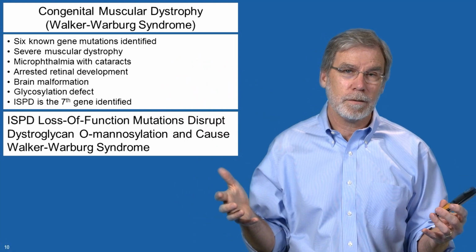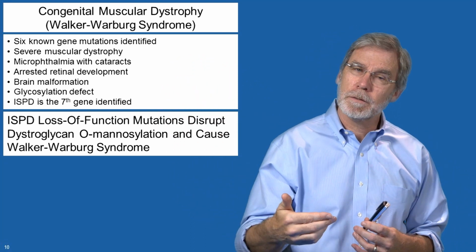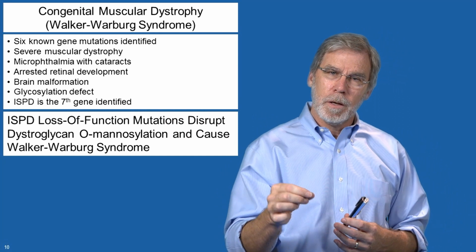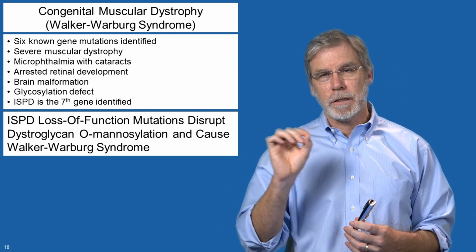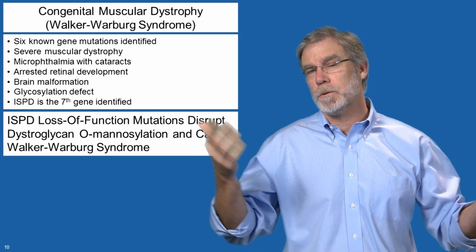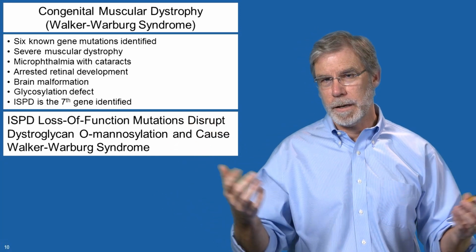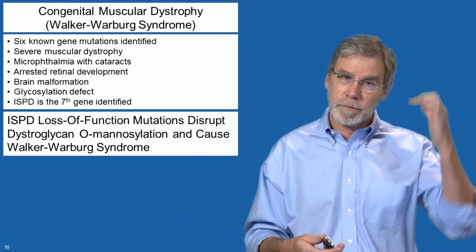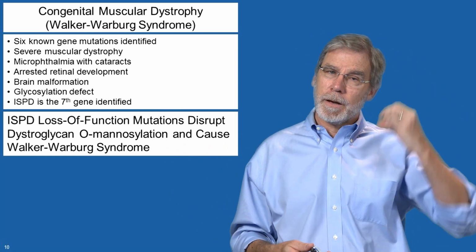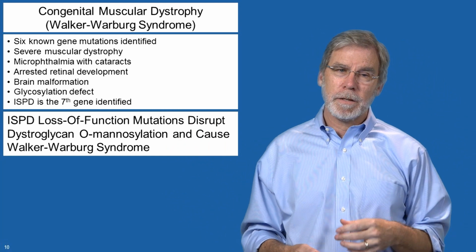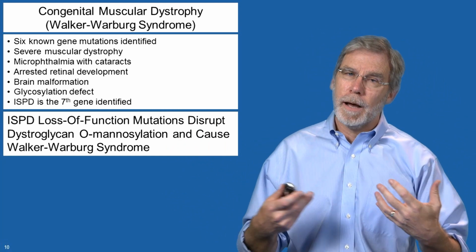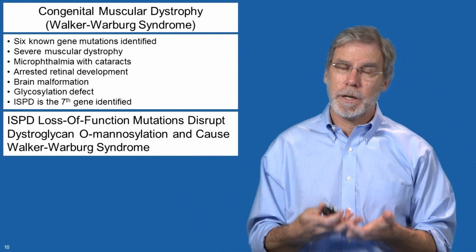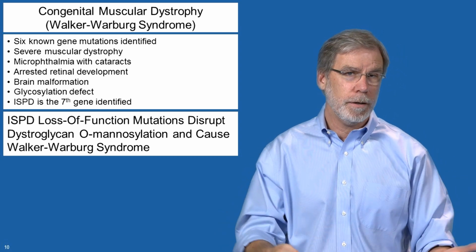So 6 different genes, but for most patients with Walker-Warburg syndrome, we couldn't find the causal mutation. So even though we had 6 different forms, we still couldn't figure out the form for many of these. Kevin Campbell has been working in this area trying to dissect it for years, and indeed had identified multiple independent families with evidence that they had the exact same genetic form, but that genetic form was unknown.